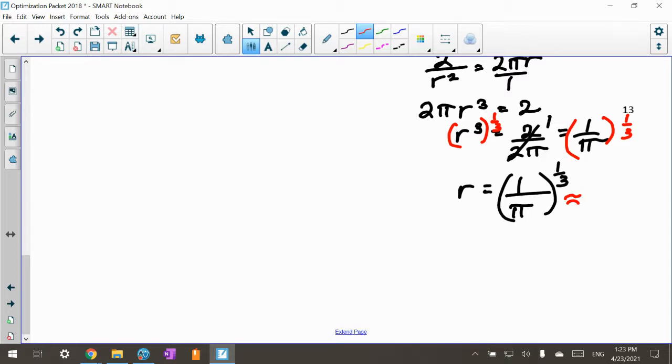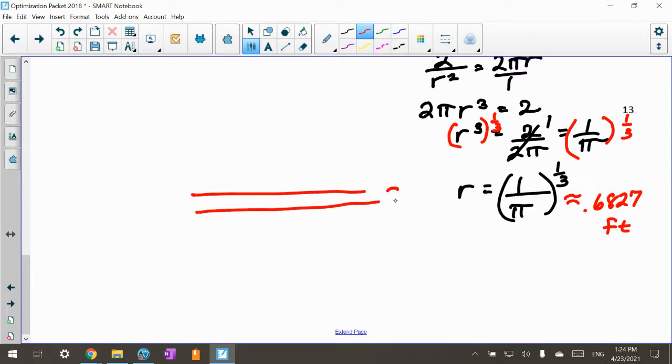I'm going to do 4 decimals, 0.6827, and this is in feet. So that's how many feet the radius has to be. Before you do anything further, we're doing our s prime check to see if 0.6827, or basically the cube root of 1 over pi, is a minimum.